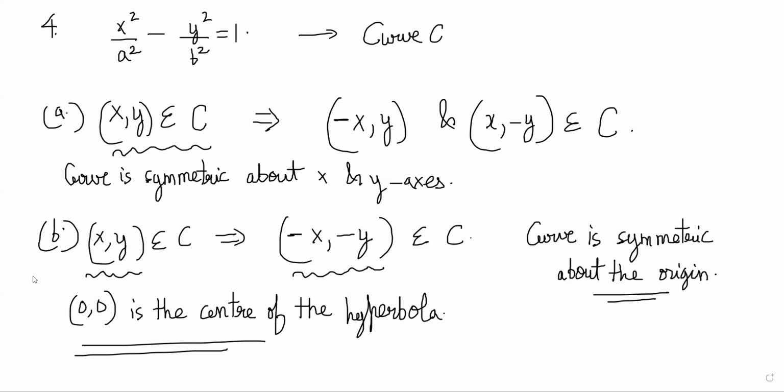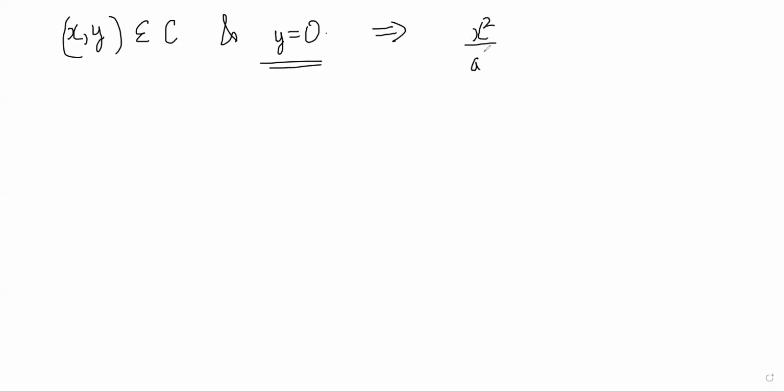Now, what you can say is if (x, y) belongs to C and y is equal to 0, then from the curve x²/a² - y²/b² = 1, if you put y equal to 0, you get x² = a².